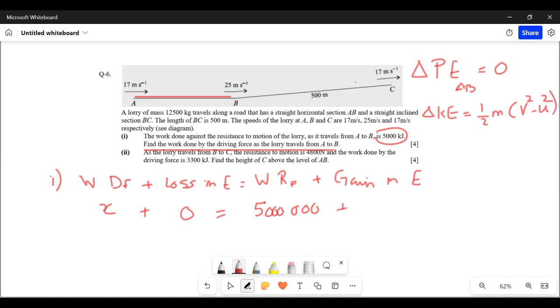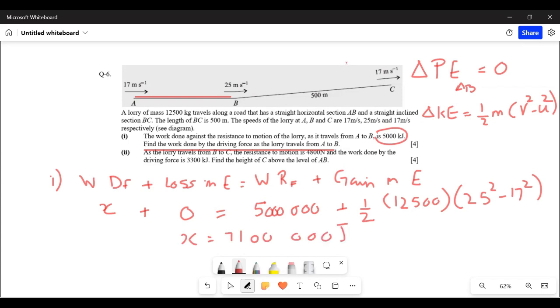So I'm going to use plus half, mass is 12,500, and then we have 25 square minus 17 square. This should give us the value of work done by driving force, which comes out to be 7100,000 joules, or 7100 kilojoules.